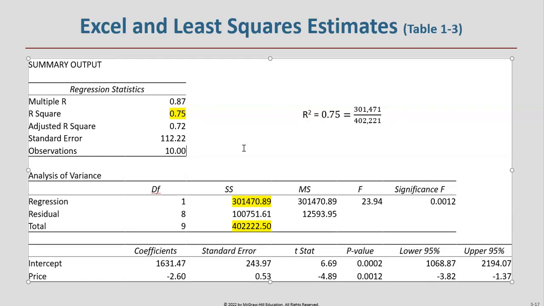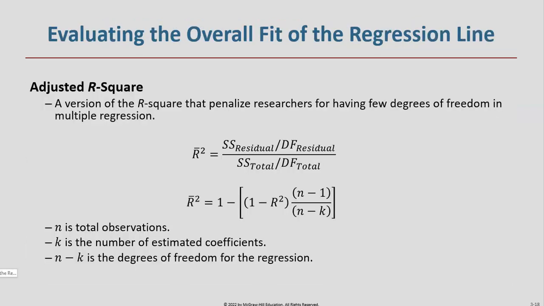Once we start thinking about multiple regression, when we add more independent variables to the regression model, the R-squared statistic will always rise. So one way of penalizing a regression model for throwing the kitchen sink in is to use the adjusted R-squared.